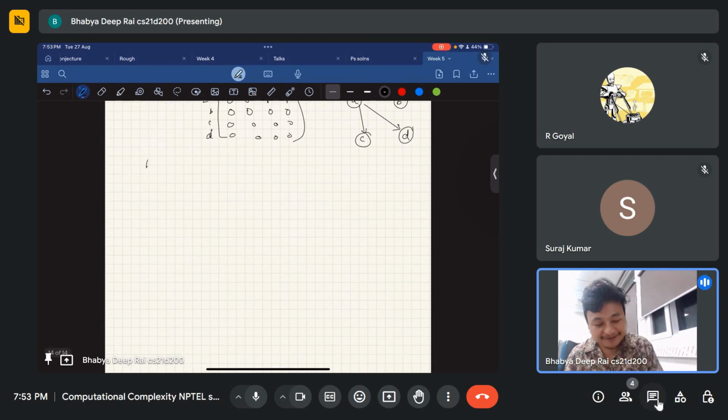This is interesting. A to the n would mean, if I look at an entry UV, can I reach V from U in n steps? Try to formally prove it. It's very simple to prove, but it's a very interesting exercise: that powers of the adjacency matrix give us a way to test reachability.